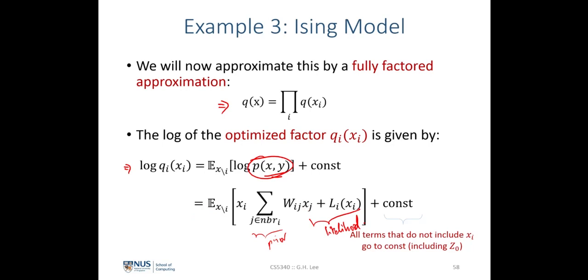Since the expectation is taken over all the latent random variables except for xi itself, we can push this expectation into this expression, where xi is independent of all the random variables except itself. So this expectation only acts on this xj, and is independent of these other terms.